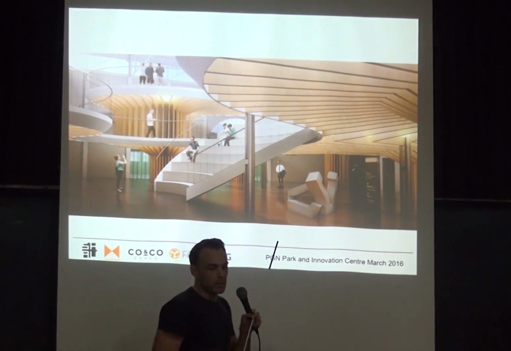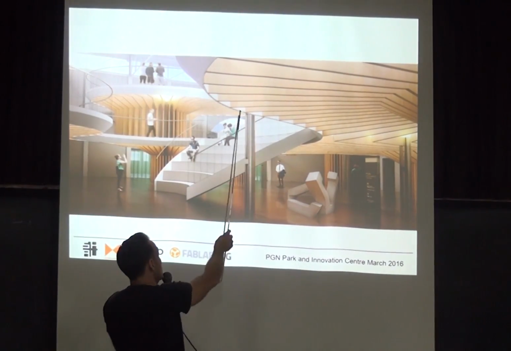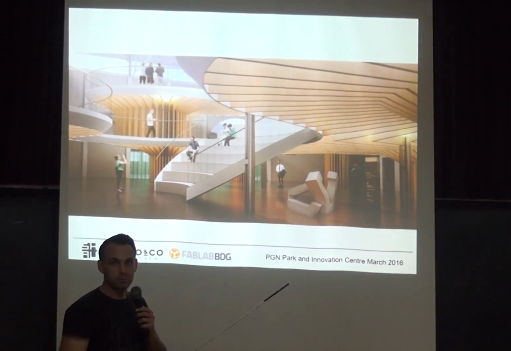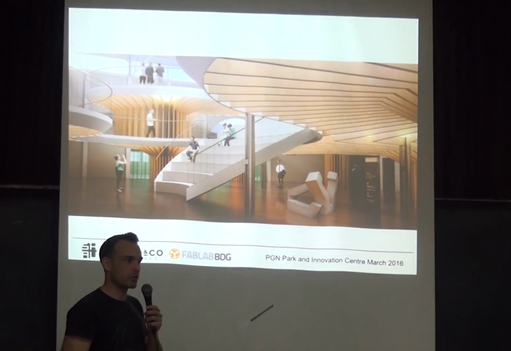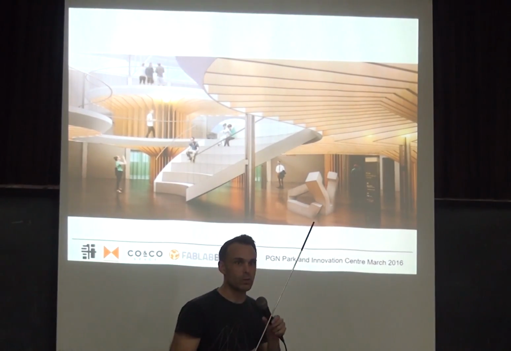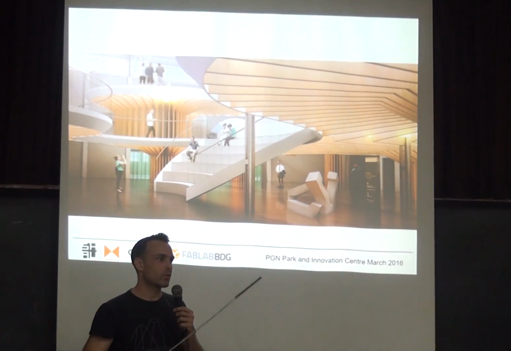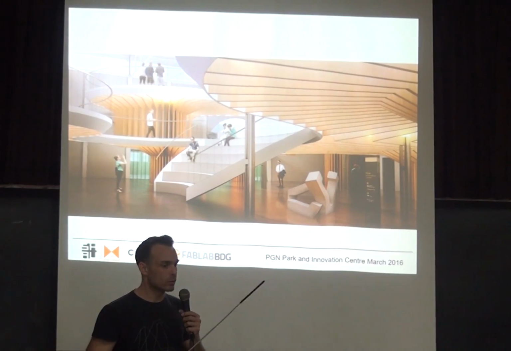So, of course, since we have a fab lab here, the whole idea was that we use plywood construction, which then can be manufactured with CNC machines within the fab lab facilities, to also make it an applied showcase of what the fab lab actually can do.